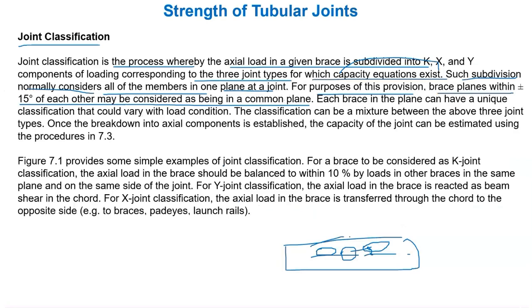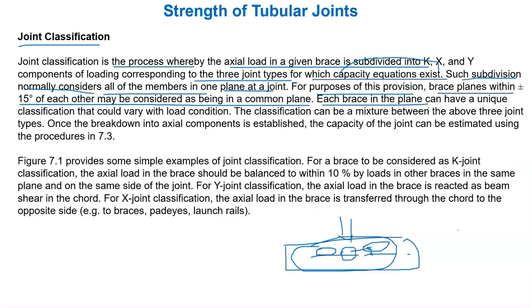All these members we need to consider. Suppose some brace is coming like this, in a different plane, more than 15 degrees, that will be a separate plane that we need to analyze separately.